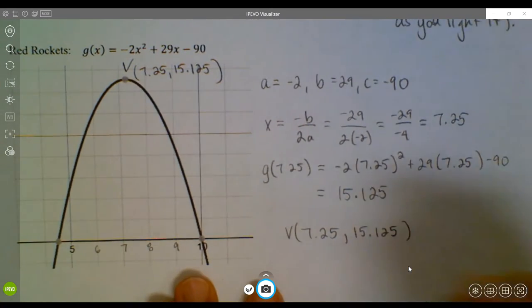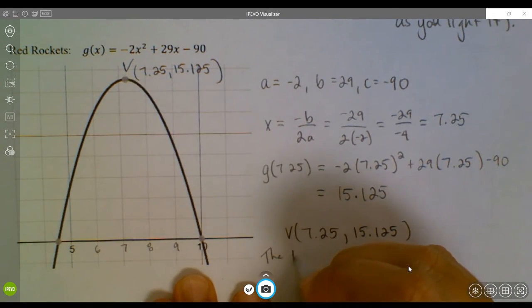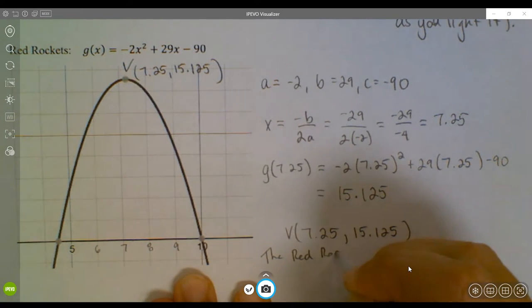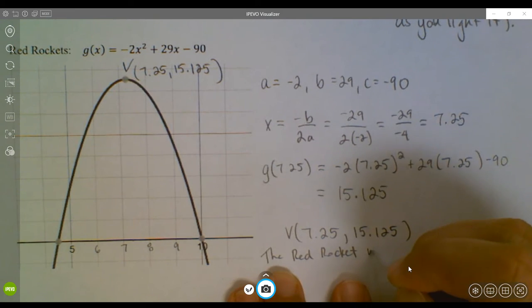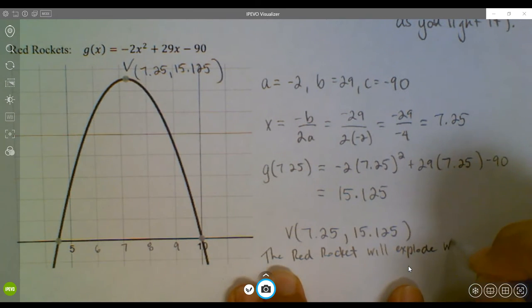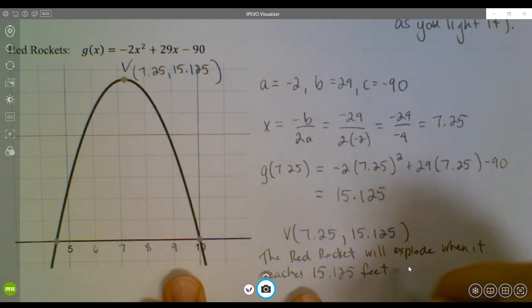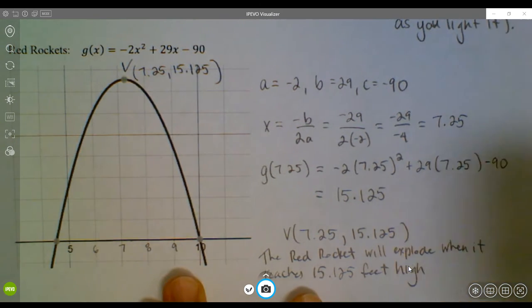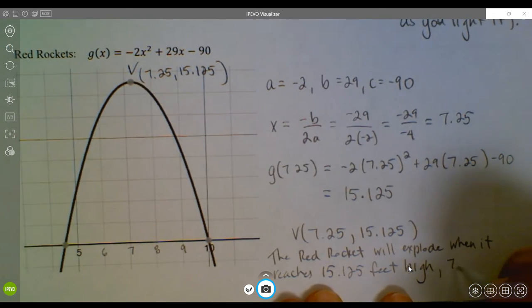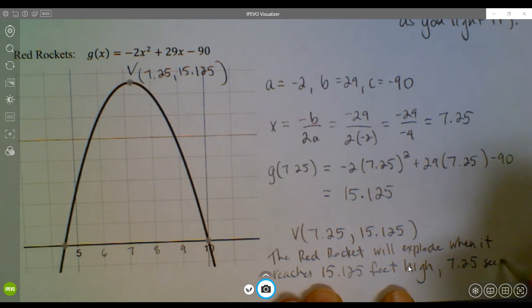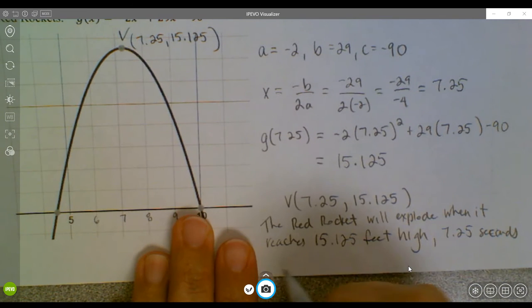It tells me the red rocket will explode when it reaches 15.125 feet high. And that happens 7.25 seconds after it is launched.